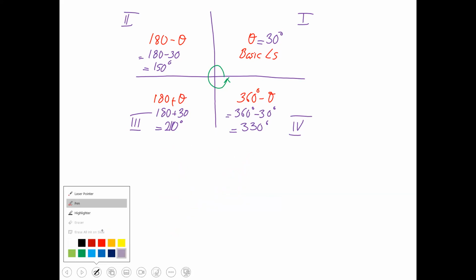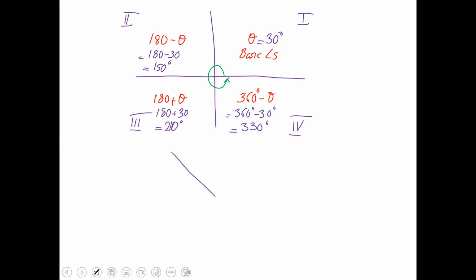Look again. If a vector is here and the calculator tells you 30 degrees, it means 30 degrees here, but actually it can't be 30. It has to be here. So when it is here, it will become 150. This is a manual method to understand how we can change the position of an angle.